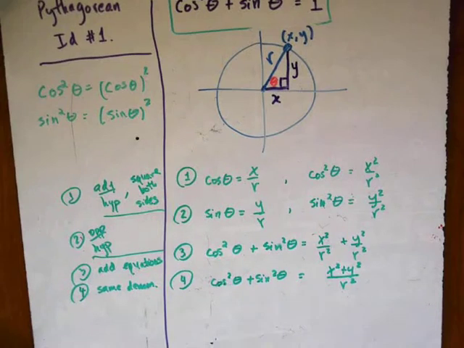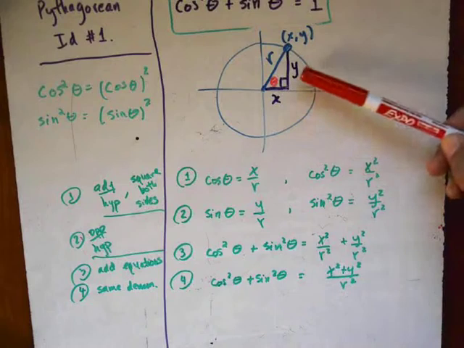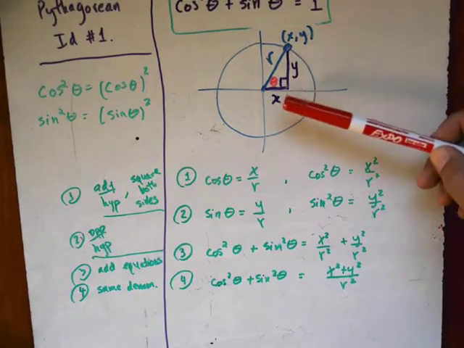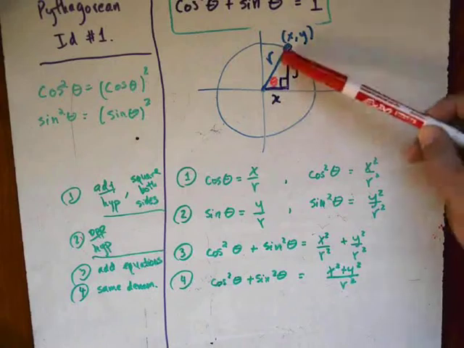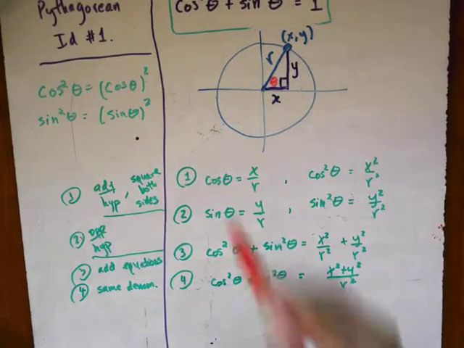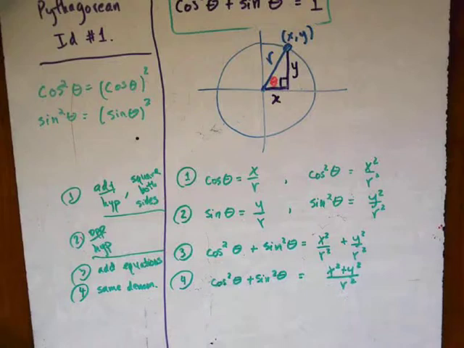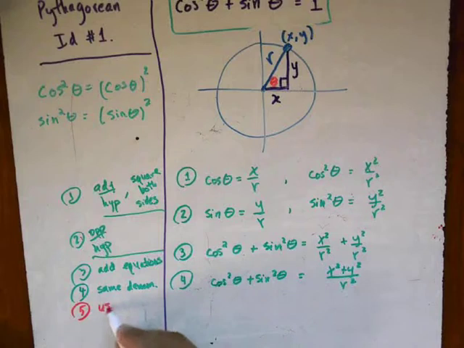The way we can get this to happen is if you look back at the picture, by the Pythagorean theorem, x squared plus y squared equals r squared. In steps 1 through 4, we've worked primarily with the trigonometric ratios. In step 5, we are going to use the Pythagorean theorem.